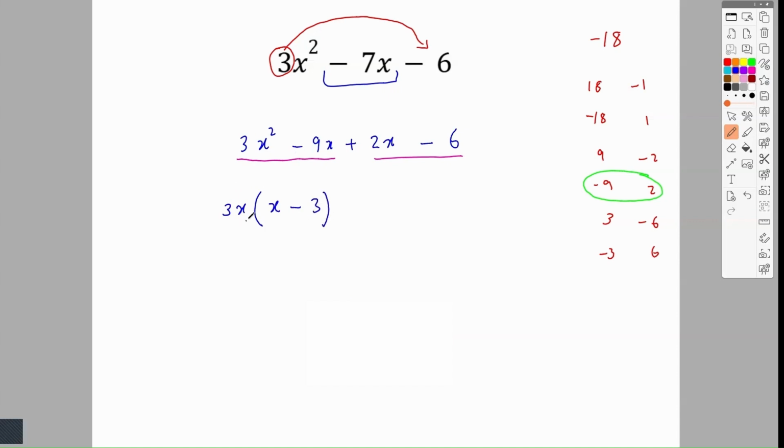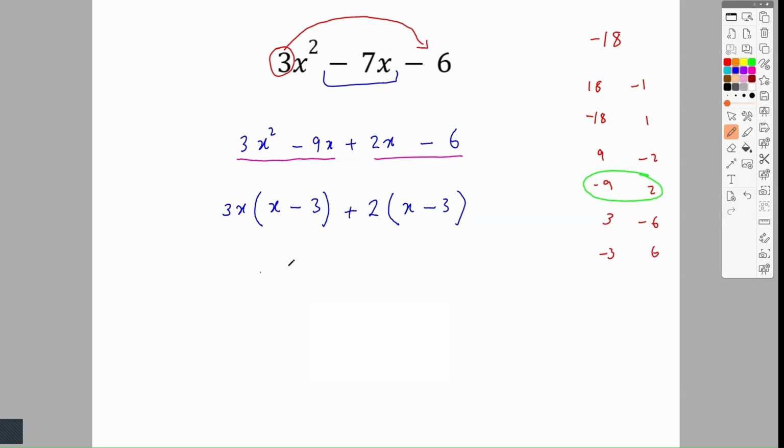So 3x times x minus 3 is 3x squared minus 9x. And let's do this one. We have 2 as a common factor, and we can open a parenthesis. We have x minus 3. Again, if you multiply 2 by x minus 3, we get 2x minus 6.